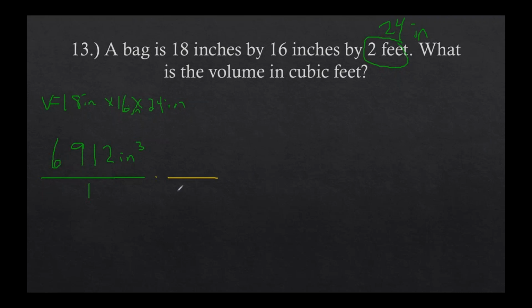The process is just inches to feet, right? So we know inches are going to go on the bottom. If you see, we have inches in the top, so to get rid of them, they have to go on the bottom. So 12 inches is 1 foot. How many times do I need to do this conversion? 3 times. Excellent.